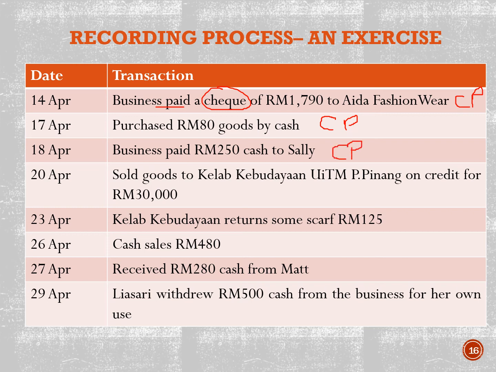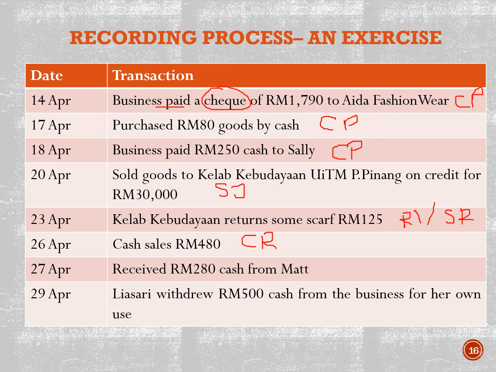And sold goods on credits for 30,000. So this one is sales journal. This one return some scarf, and then this one is return inward ataupun sales return. Cash sale maksud dia jualan secara tunai, so cash receipt sebab kita jual secara cash.